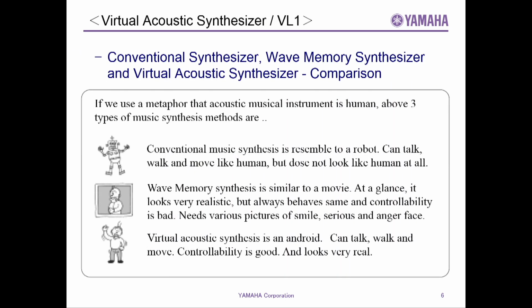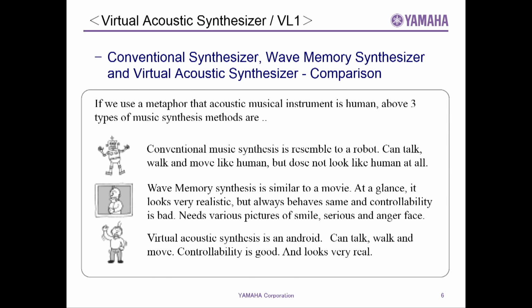When we introduced the idea of physical modeling, or virtual acoustic synthesis, to conventional people, it was very tough. So we made these pictures to introduce the idea of physical modeling of musical instruments.